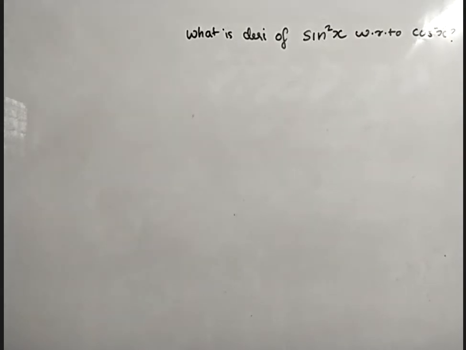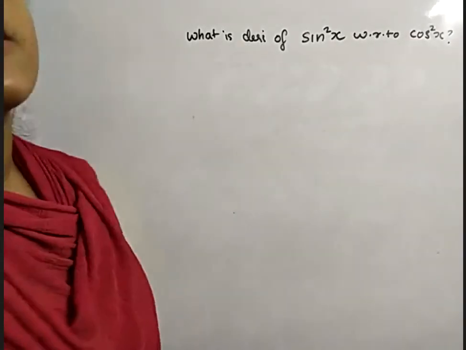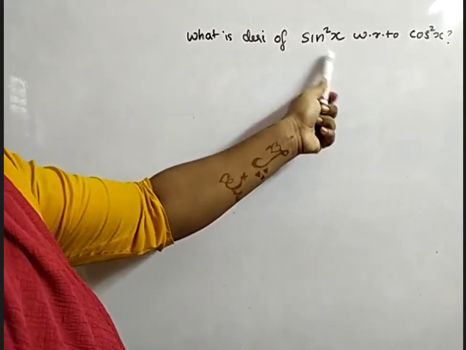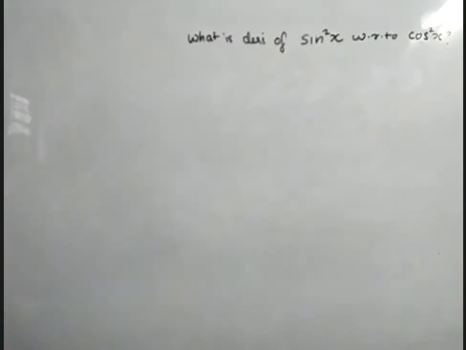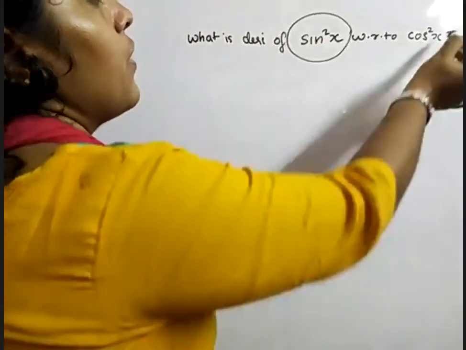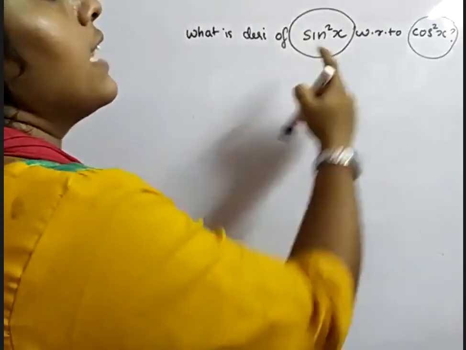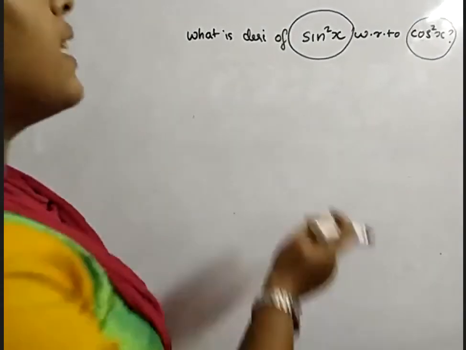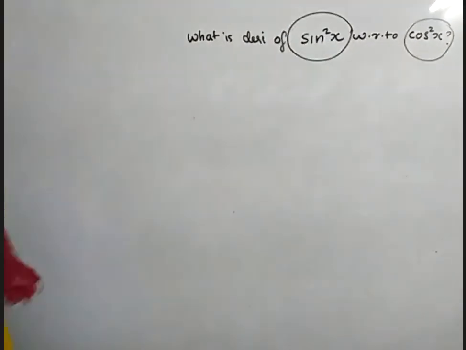Questions can be asked like this also. Always we differentiate with respect to x. Here they are asking for the derivative of this function with respect to that function. So what we need to do is find the derivative of this and the derivative of this, then divide both. Understood?